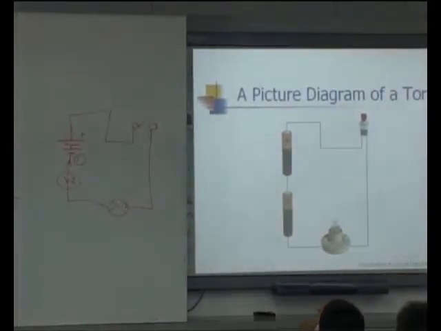The flow of the electricity is from positive to negative, right? Okay, never mind this one. Let's continue.